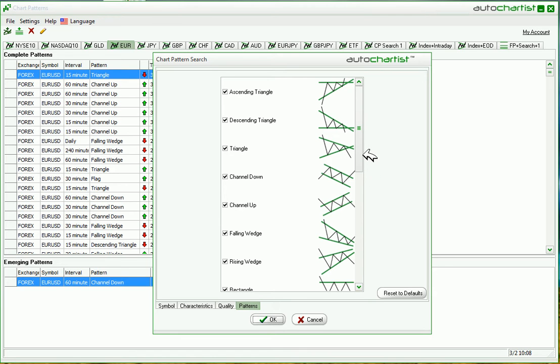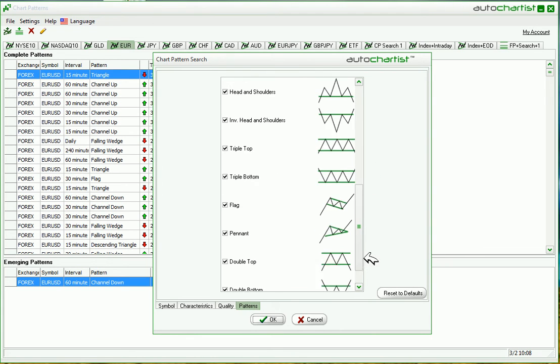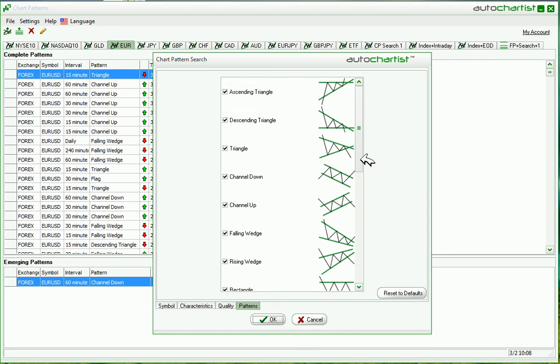And what I want to show you is not necessarily how to activate or deactivate the patterns, because I believe you really should have all of them active. And keeping in mind that by keeping all of them active, you're casting the widest, the broadest possible net for potential setup opportunities. But specifically, it's the kind of opportunities that we're focusing in on.